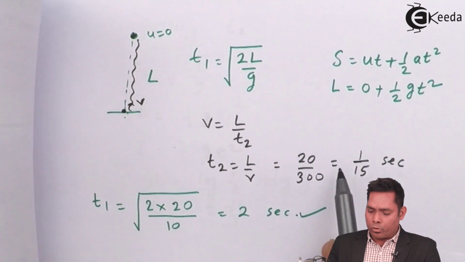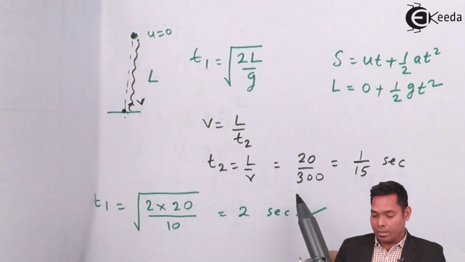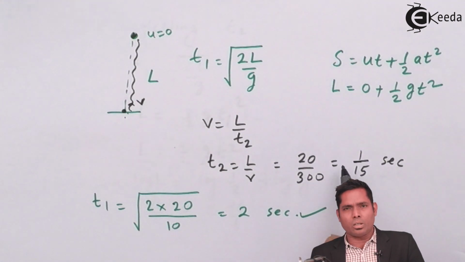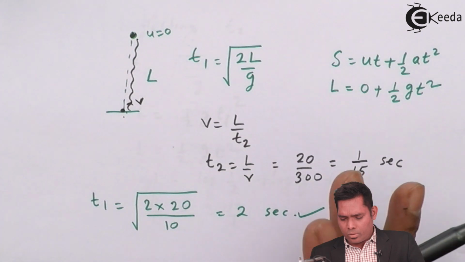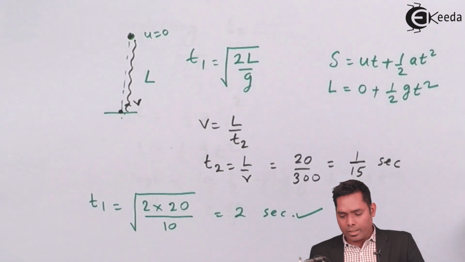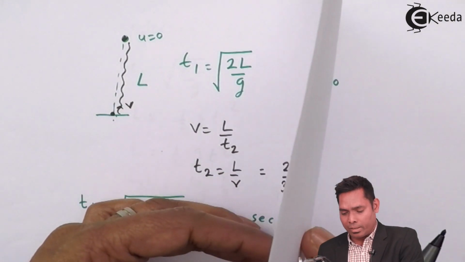But even if you solve that, you will get around 1%. Because this number is very small, it doesn't contribute too much to the error. So therefore you can directly neglect this and solve that way.